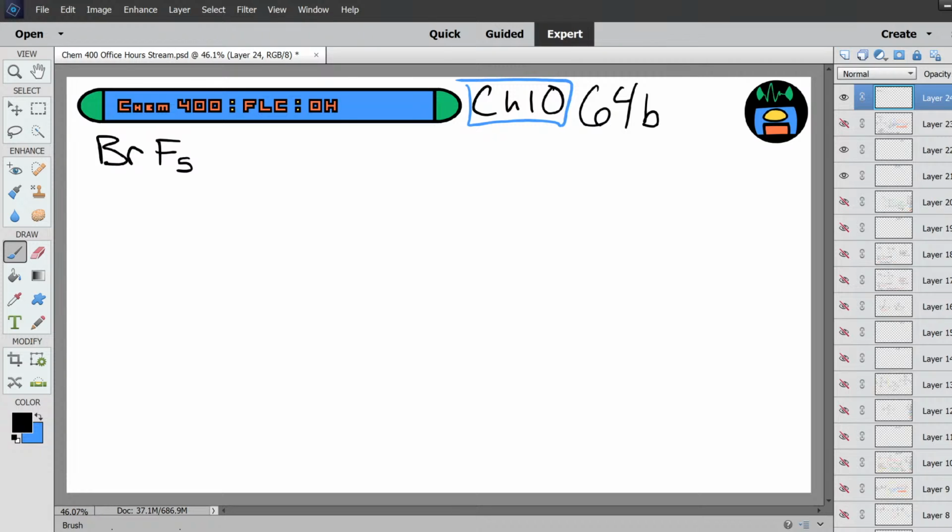The Lewis structure here, in the Lewis structure, bromine has a lone pair and then 5 bonds to fluorine. Not to 1 fluorine, but to 5 fluorines.